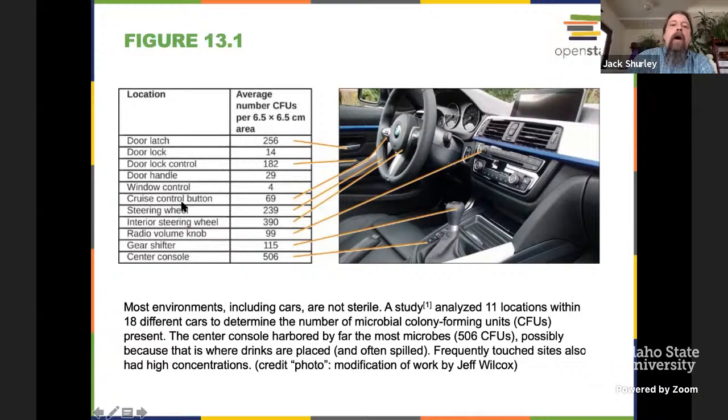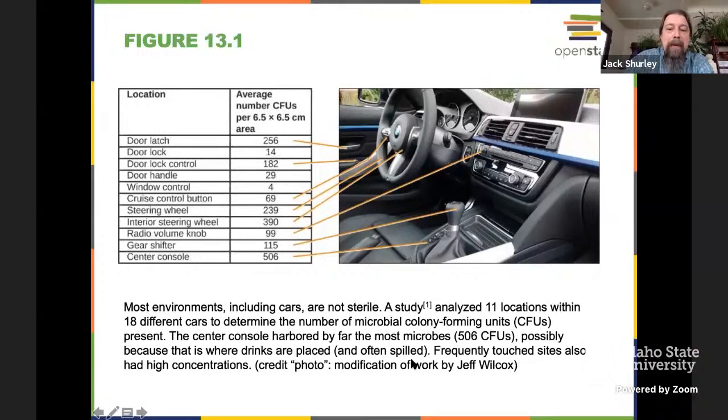With that, there are all sorts of areas in this car that they swabbed, and some things were maybe a little more dirty, if you will, or more prone to bacterial contamination. Things that maybe you touch more. The center console has a boatload of colony forming units, and there are all sorts of possibilities with that.